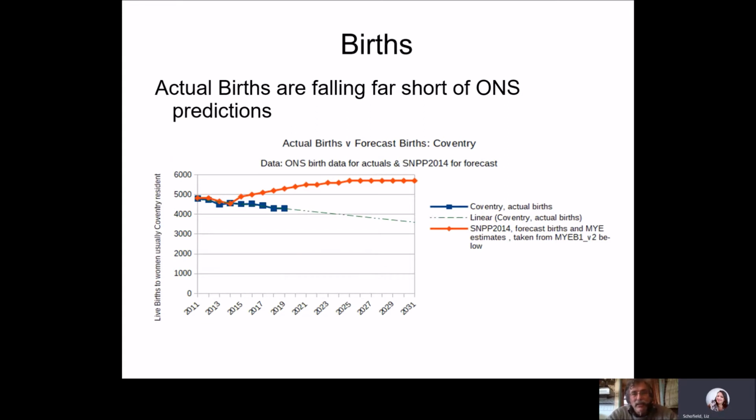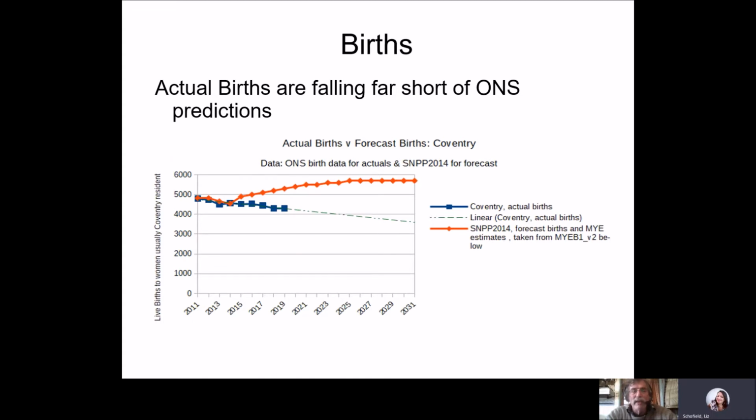The red line shows what ONS is forecasting for the future. And you'll find that forecast in the 2014 subnational projections. And you can see that red line, instead of reducing, is actually accelerating upwards. And you have to ask yourself, what is ONS doing? Why have they decided that births are going to rise upwards at a fairly rapid rate when the real historical trend is downward?